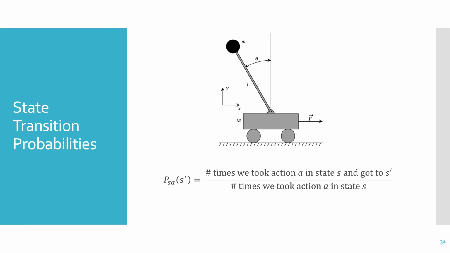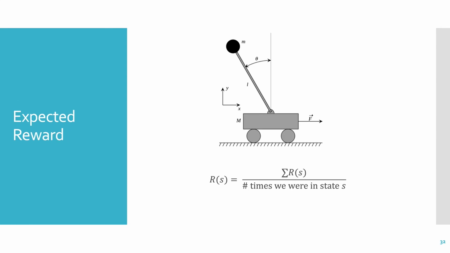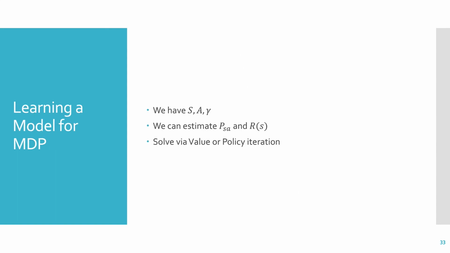Using a similar procedure, if R is unknown, we can also pick our estimate for the expected immediate reward R of S in state S to be the average reward observed in state S. That is the sum over all observed rewards in state S divided by the number of times we were in state S. Having learned a model for the MDP, we can then either use value iteration or policy iteration to solve for the MDP using the estimated transition probabilities and rewards.